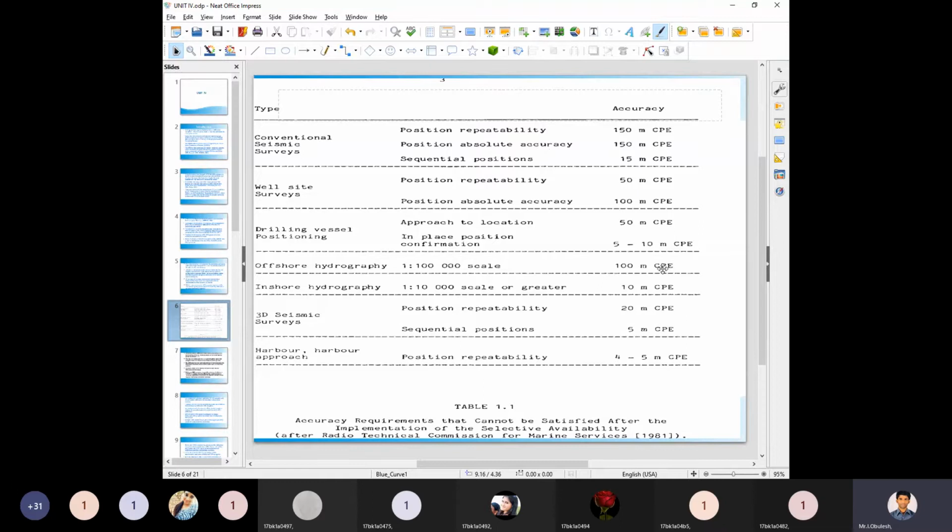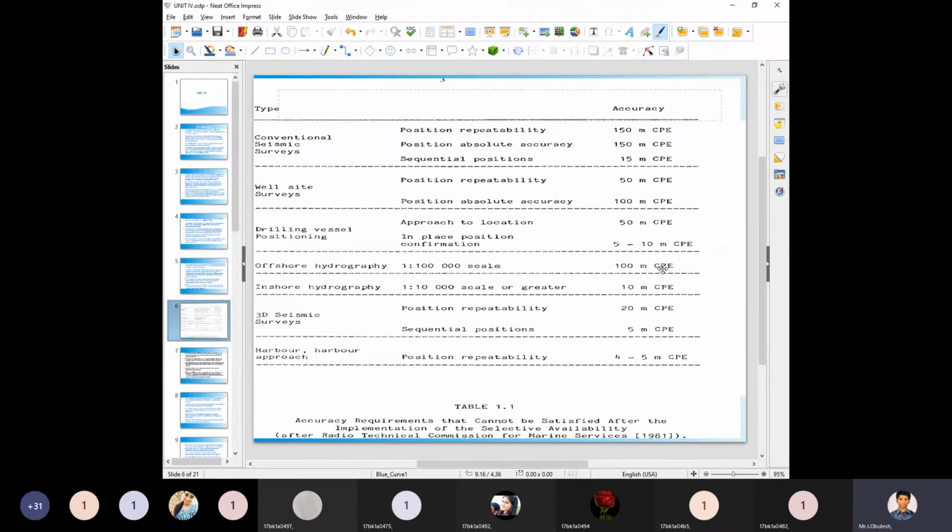The first type is conventional seismic surveys. Here the position repeatability accuracy is 150 meters CP.